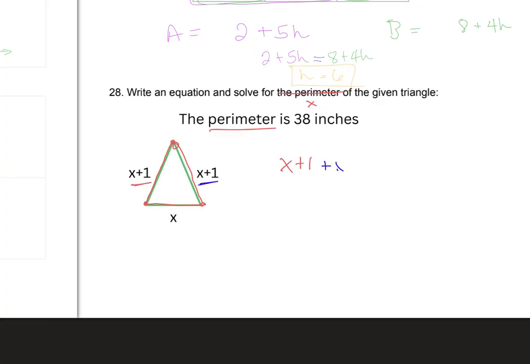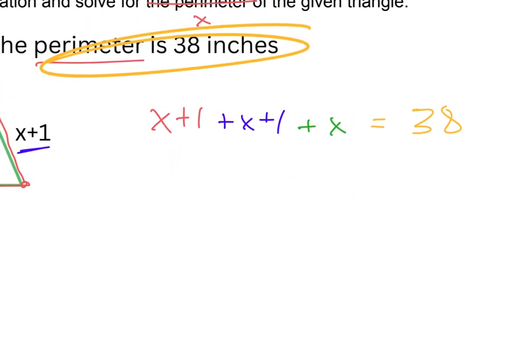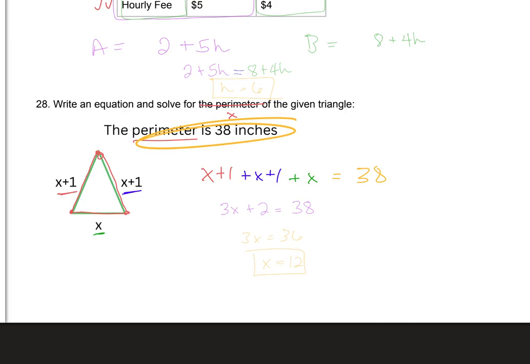It's plus x plus 1, that's the blue one, plus x, that's the green one, and that's going to equal 38 because that's what we were told, okay? Now we just solve this. This is 3x plus 2 equals 38. Subtract 2, and it's 12. X is 12.